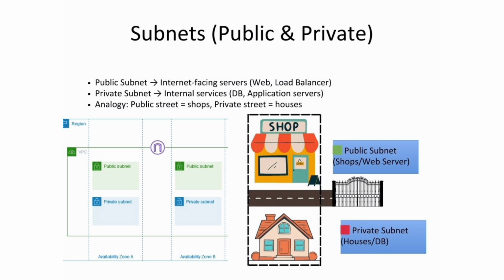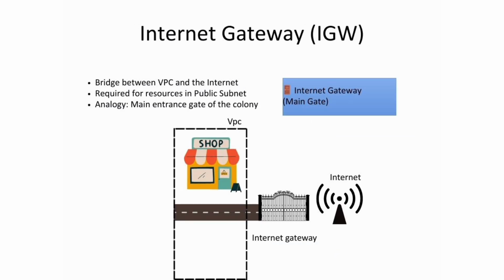Okay, so talking about the internet, we have to talk about what an internet gateway is as well. An internet gateway is like a bridge between your VPC and the outside internet. Without an internet gateway, your colony, that means VPC, has no road connecting to the city. That means you cannot access the internet if you don't have an internet gateway. So for example, there is a main entrance gate to the colony.